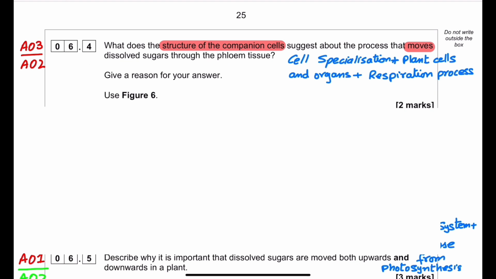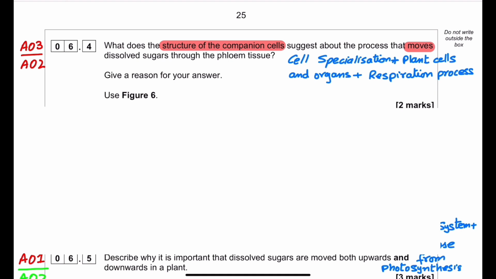6.4 is a combination of AO3 and AO2 question, and this question is from cell specialization, plant cells and organs, and respiration. What does the structure of the companion cells suggest about the process that moves dissolved sugar through the phloem tissues?